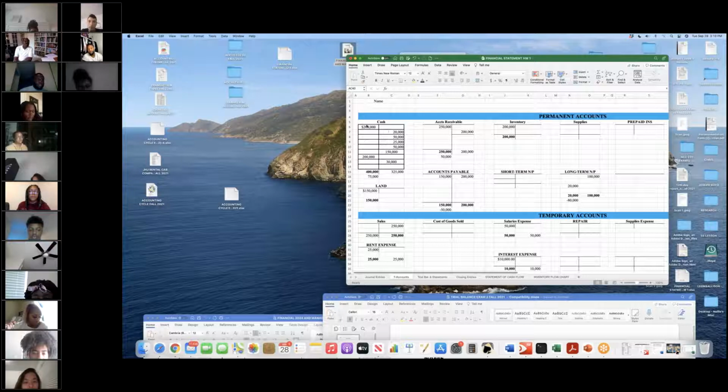So take a picture of the cash one and go from there, okay? All right, I got it. I'm just assuming that everybody can put those things in the T accounts and then balance them out. And like I said, the most difficult one is cash. Just take a picture of that one.